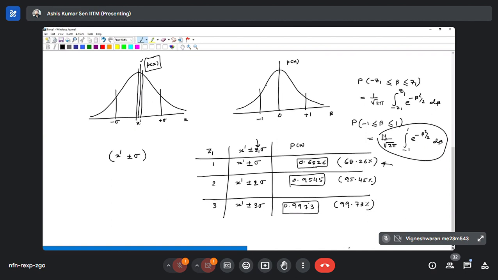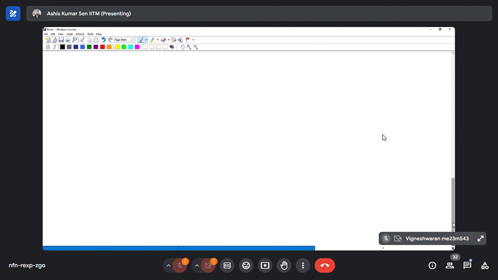Okay, so we'll now take up an example problem so that these things will be better appreciated. So the first question that we're going to solve, I'm going to write down the question. So we have an example question.